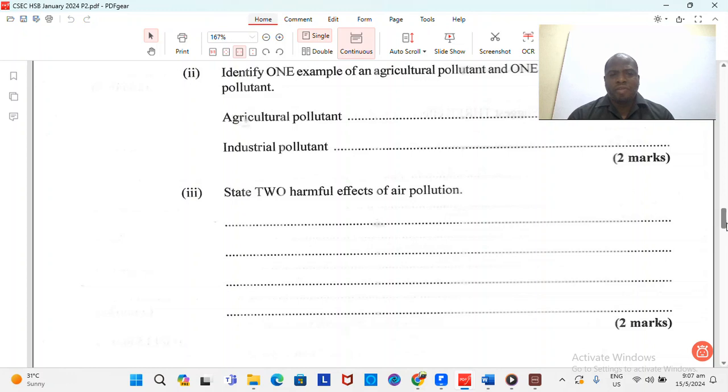Now, not only the diseases, some of these pollutants can cause humans to have birth defects. This is a situation where a child is born and is not able to have proper cognitive approach in terms of how they move and handle or walk. So we have some amount of birth defects.